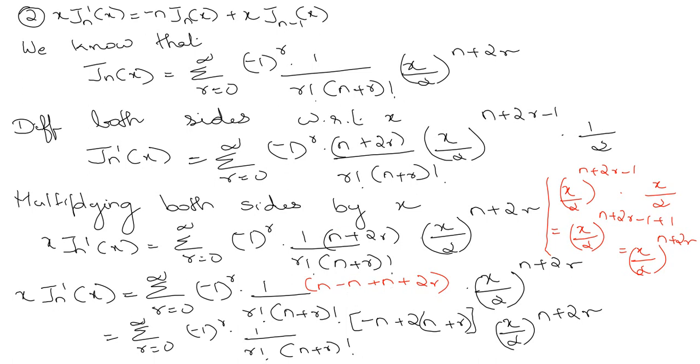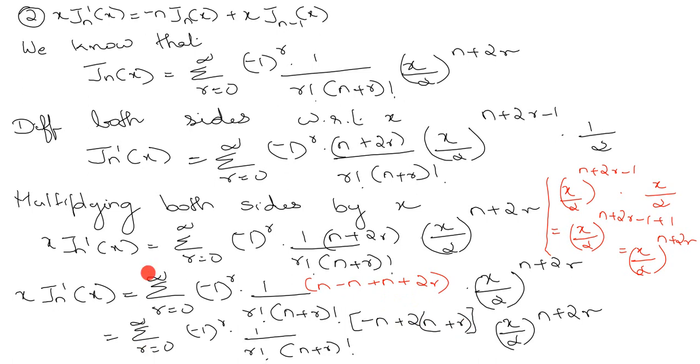That is the change made in this equation, and that is written here. And we know that n plus n is 2n, and minus n is written here. So this term is minus n plus 2n plus 2r, which can be written as minus n plus 2 into (n + r). That is the next step.